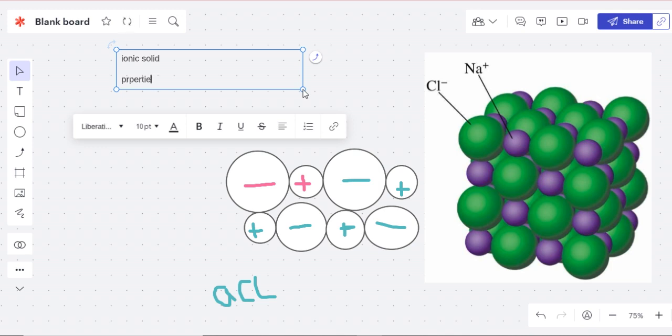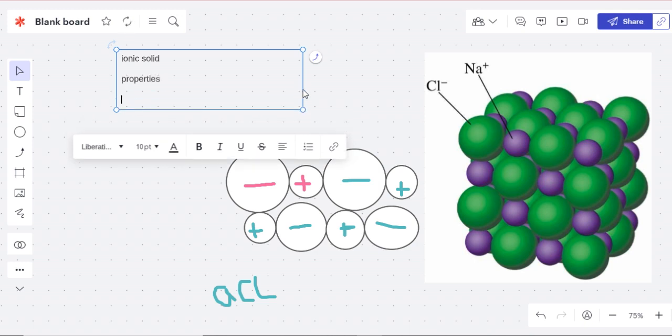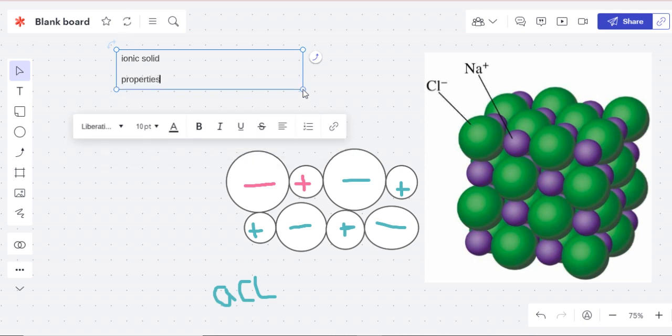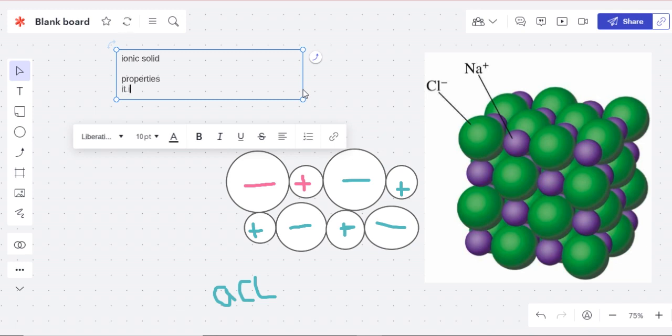The first property is that it is hard in nature. Now what does it mean that it is hard in nature?